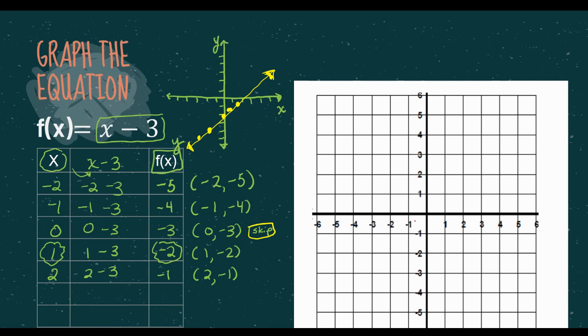If I had done that over here, (-2, -5), (-1, -4), (0, -3), (1, -2), and (2, -1), you can see how much better they come out when you have graph paper. Not to say that it makes it any easier for me to graph a straight line without a ruler.